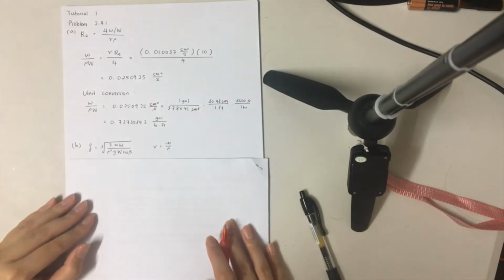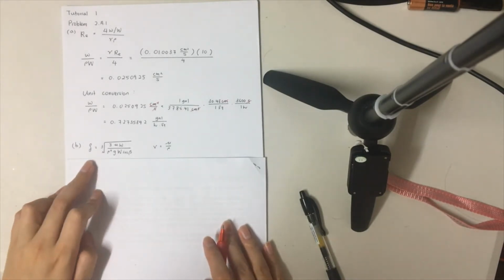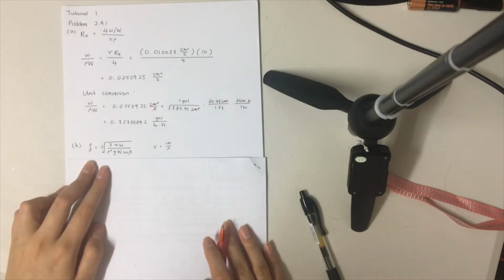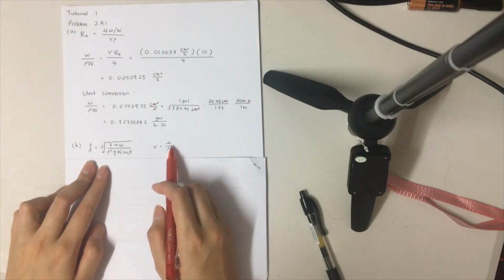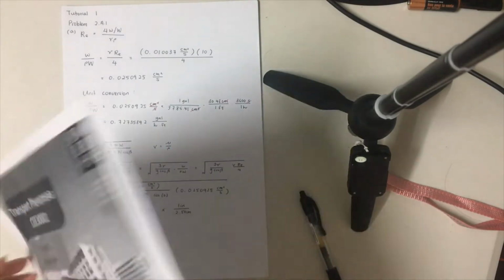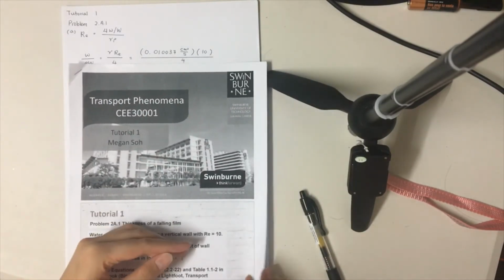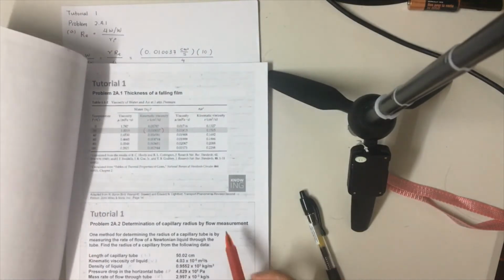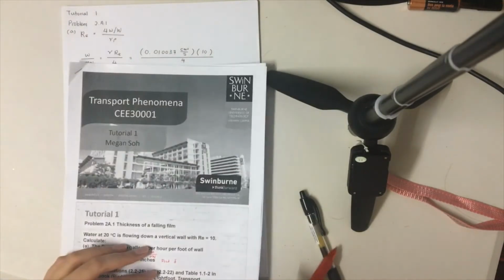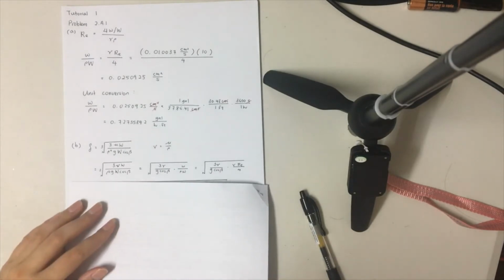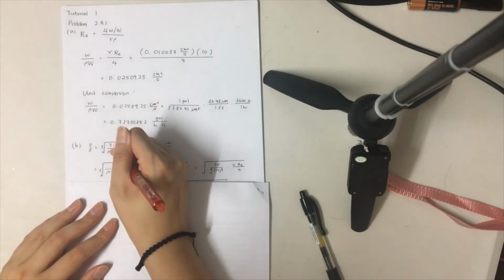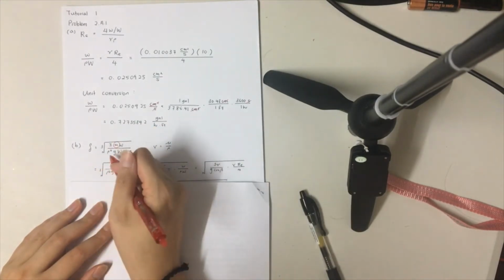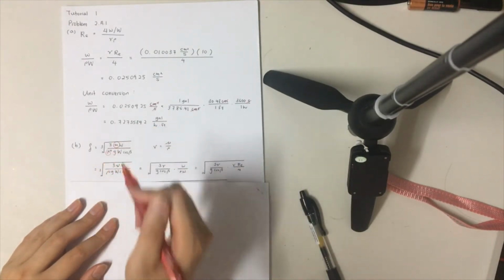Okay, so for part B, we were given the film thickness formula over here. The kinematic viscosity is equal to the viscosity divided by the density. Notice that you have rho over here, so this is viscosity divided by the density.